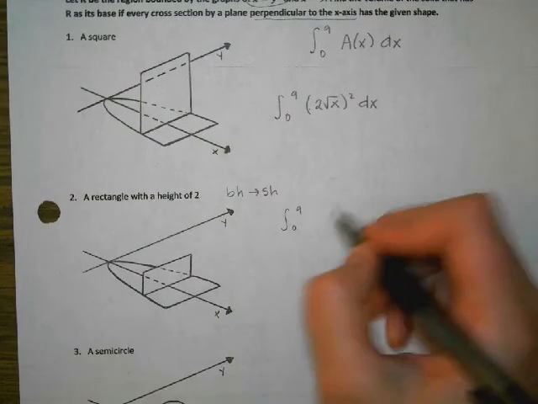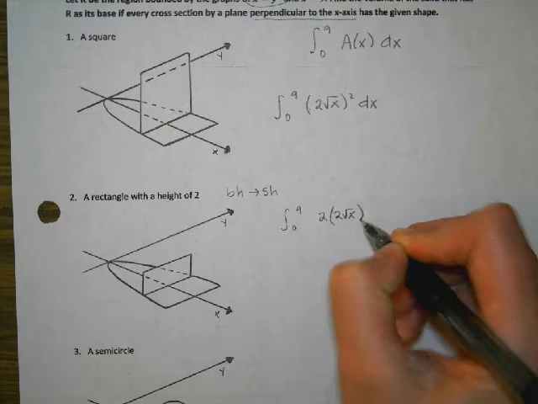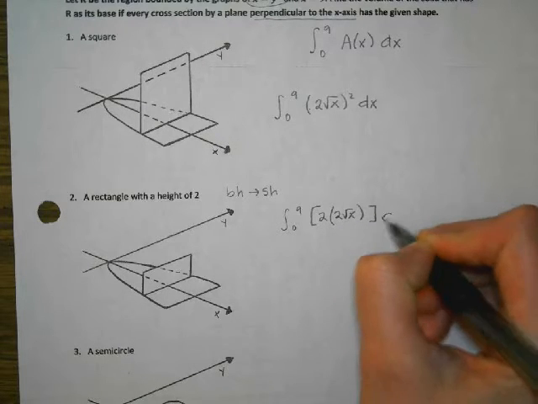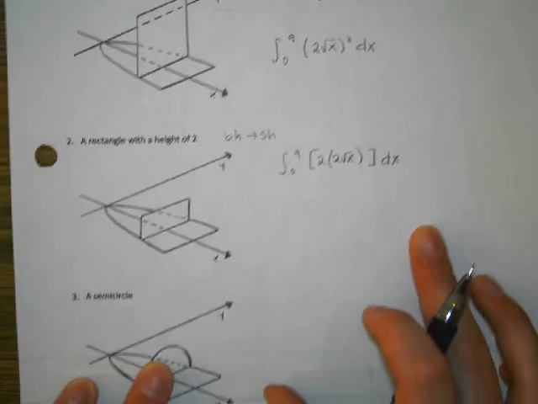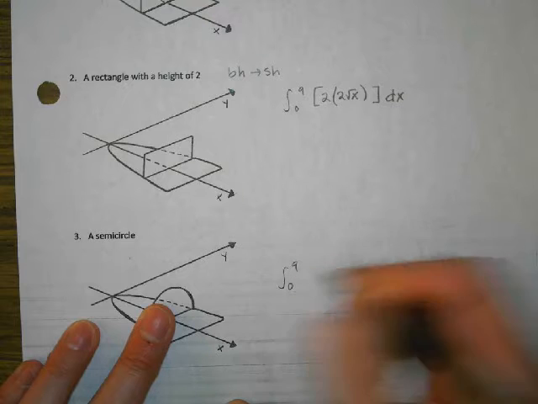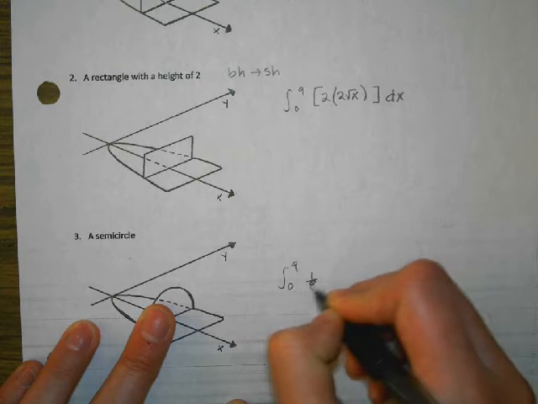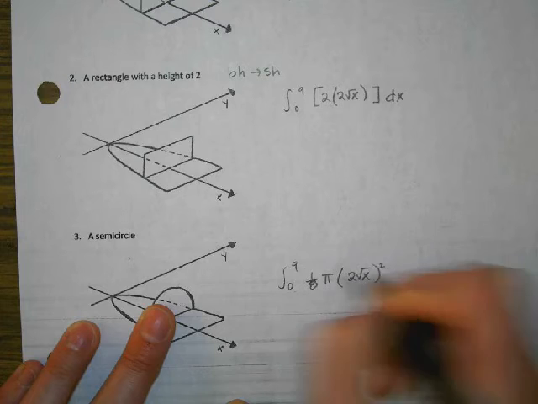Yeah, slice times 2. So I'm going to say 2 times 2 square root x, right? And then how about semicircle? 1/8 pi slice squared.